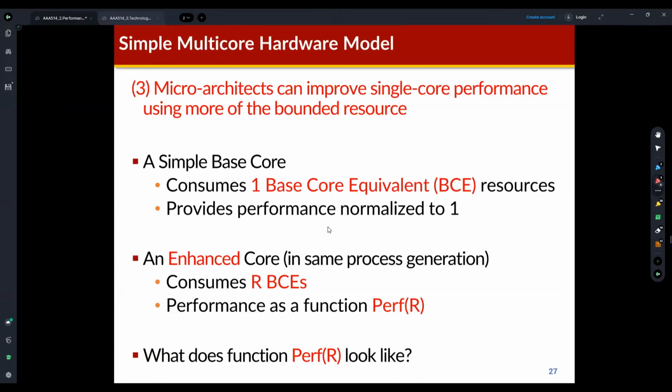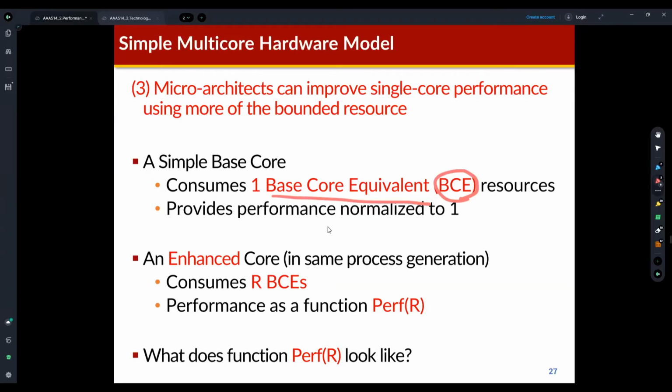This paper started from the base core equivalent, called the BCE. The paper assumed an area cost, which means the chip area is fixed, but we can apply a more enhanced core if we use a larger core, and also we can include many small cores. I will explain later.